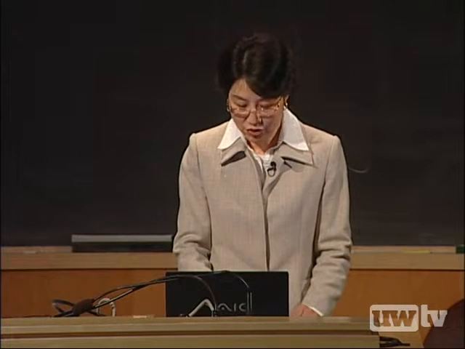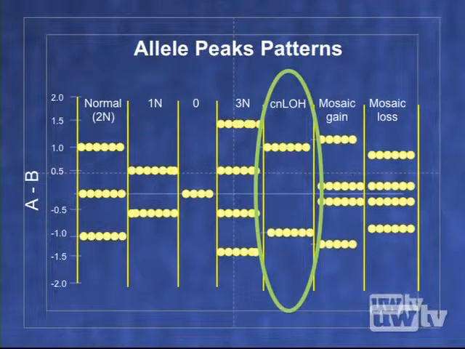In a normal situation, you will see the 3-track allelic pattern. If you have a deletion, you will lose the heterozygous track and see just the homozygous tracks alone. And here you see the homozygous deletion.